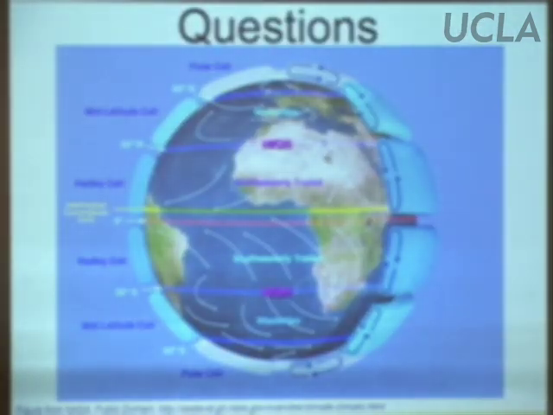All right. So what does this mean for us? First of all, does anybody know what the latitude of California is, roughly? Can you figure out which of those wind bands we would be in? Are we going to be in the polar cell?